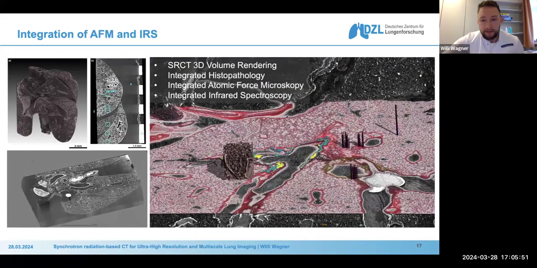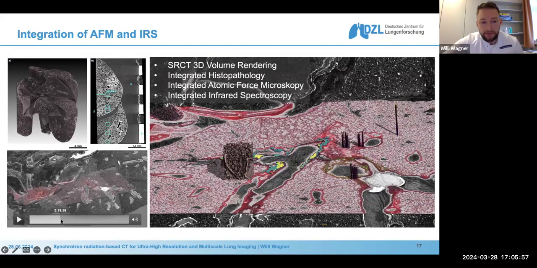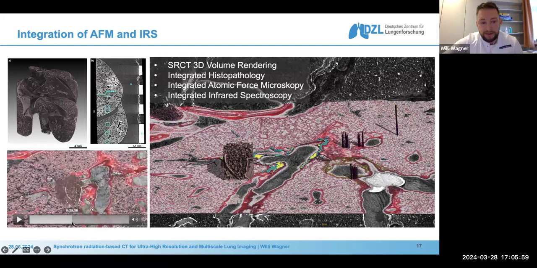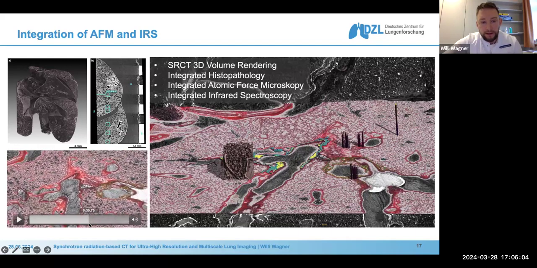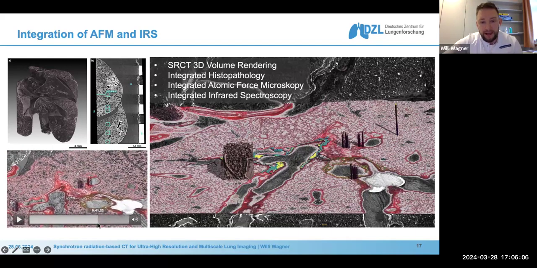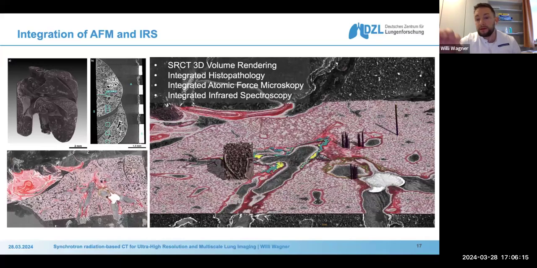Here comes in Lorenzo, and Lorenzo went a step further and actually integrated atomic force microscopy into this imaging workflow. What AFM does is let you know how stiff the tissue is, but not the overall tissue.